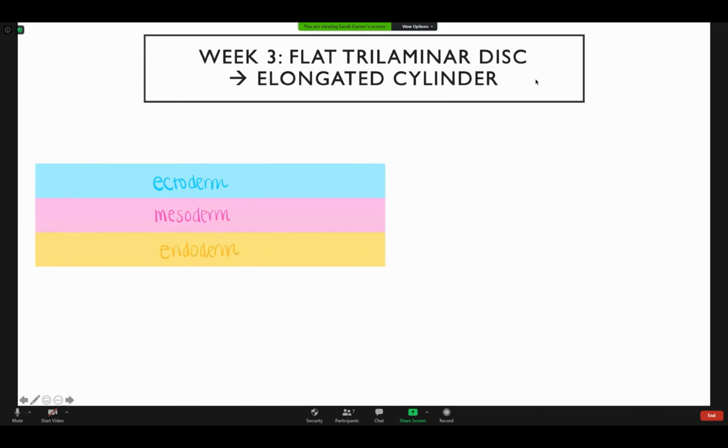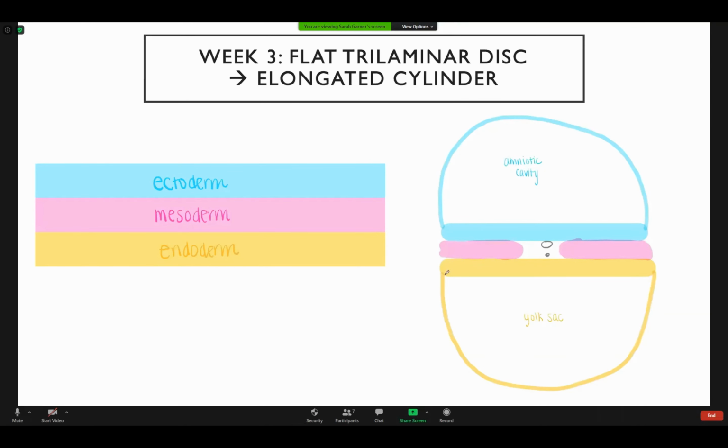So we start off with the flat trilaminar disc, and this is at about week 3. And this is then going to kind of elongate to form this cylindrical structure. And as that's happening, you're going to be forming the yolk sac out here. And you're also going to be forming the amniotic cavity over here.